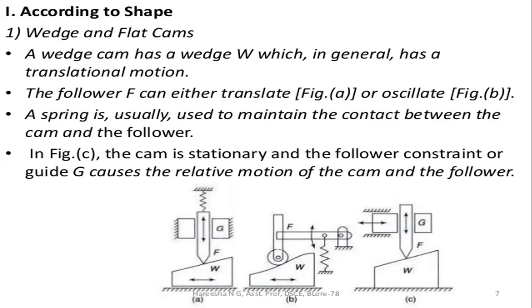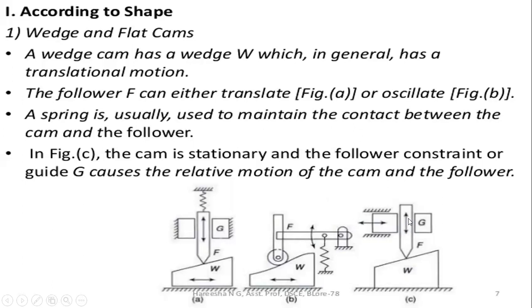And in figure C, that is the third figure, you can see the cam is stationary and the follower constraint or guideways G causes the relative motion of the cam. So these guideways move in the horizontal direction.